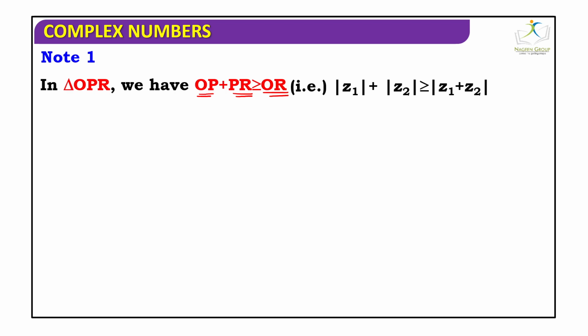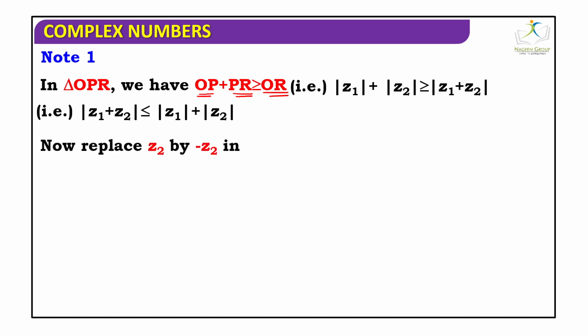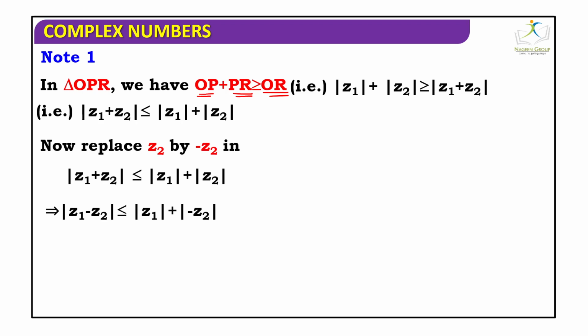This is according to the triangle property, right? Now modulus of Z1 plus Z2 is less than or equal to modulus of Z1 plus modulus of Z2. Now replace Z2 by minus Z2. We get modulus of Z1 minus Z2 less than or equal to modulus of Z1 plus modulus of minus Z2. Now we have modulus of Z1 minus Z2 less than or equal to modulus of Z1 plus modulus of Z2.